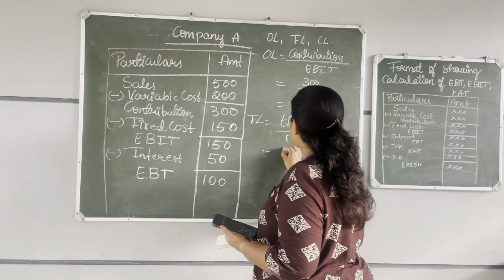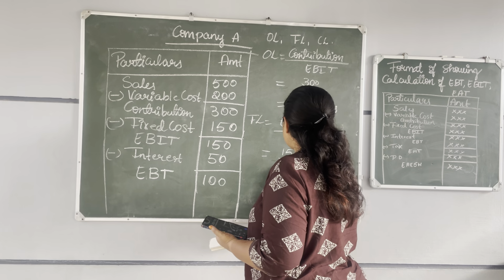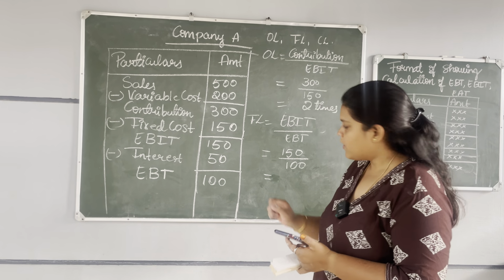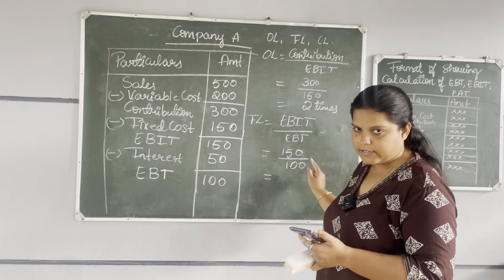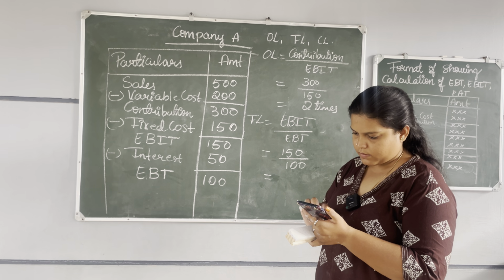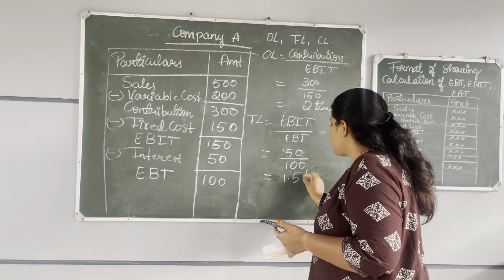So your EBIT amount is 150 divided by EBT amount 100. Take a calculator and calculate 150 divided by 100. We are getting 1.5 times.